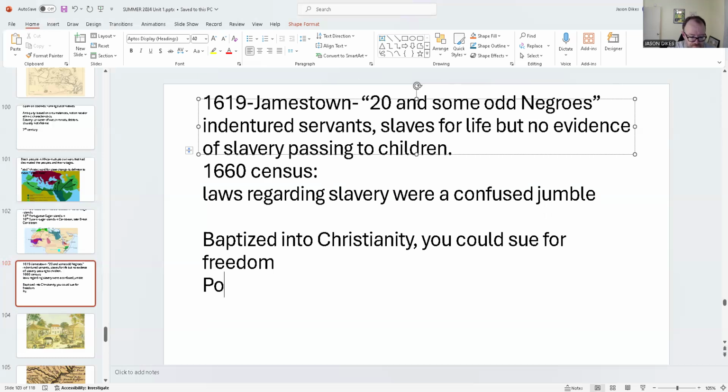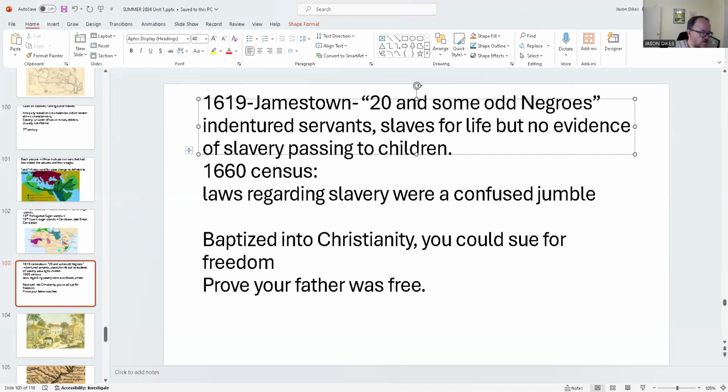If you could prove that your father was a free person, you could also sue for your freedom. So very early on, we see ways for people to get out of slavery. And so it's a very confusing sort of mishmash of laws.